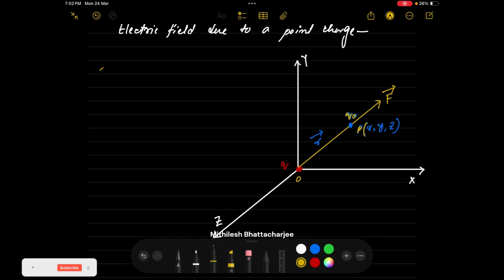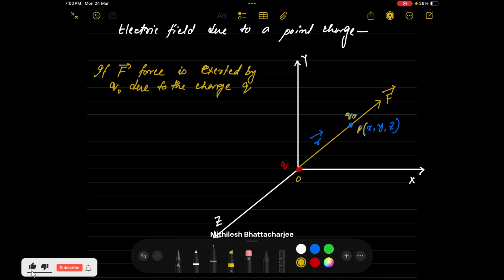If F vector force is exerted on Q naught due to the charge Q, then F vector will be how much? 1 by 4 pi epsilon naught Q Q naught by r square.